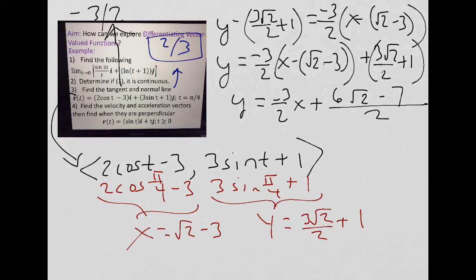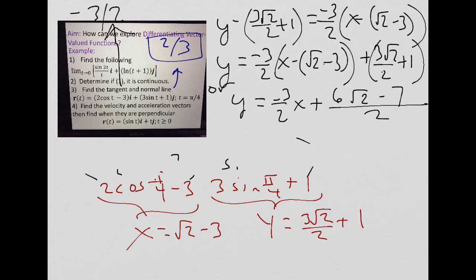So I worked it out before so you could get this final answer, but remember either one is fine. So let me erase a little bit down here so we can do the normal line.